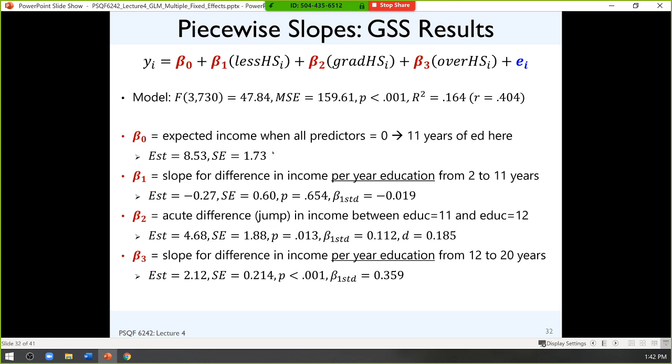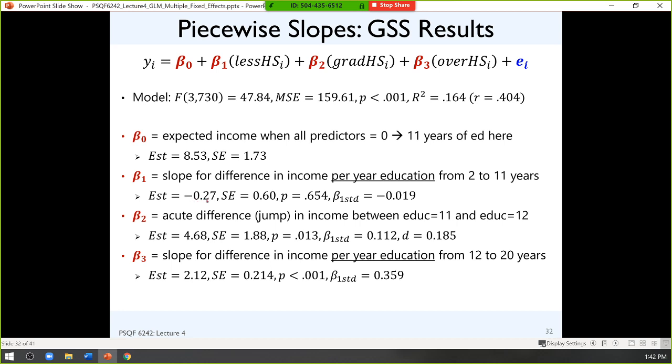And so here's the solution that we end up with. If you have an 11th grade education, you make $8,000 a year. If you have less than 11th grade, the slope for each year of education is actually not significant. It's negative, which is sort of funny.